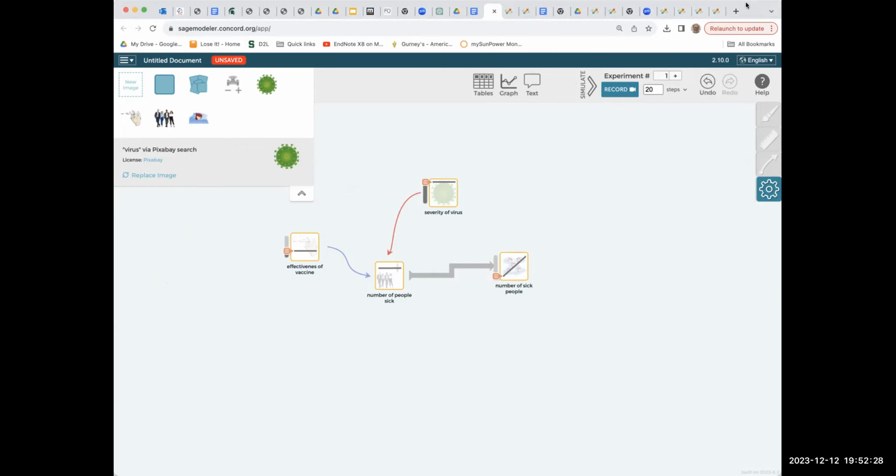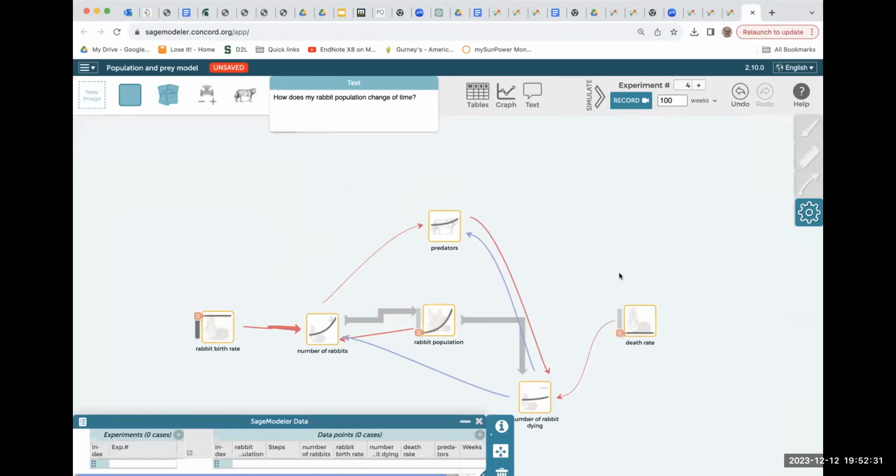For example, if we put rabbit birth rate higher, then the death rate should be lower, then it will be increasing of the rabbit population. But we cannot see the relationship here because in your model, only one variable works to increase the rabbit population.